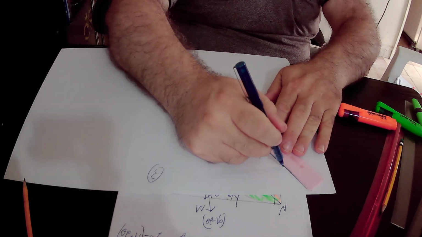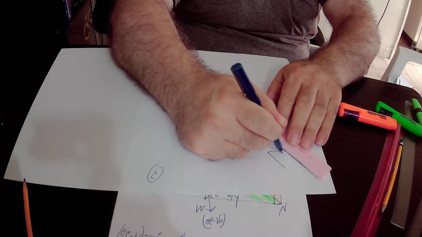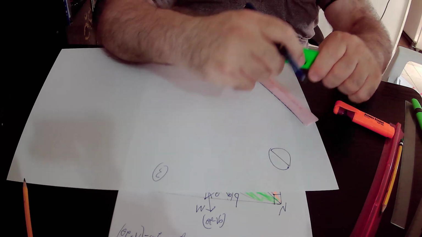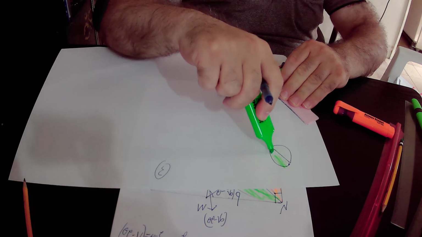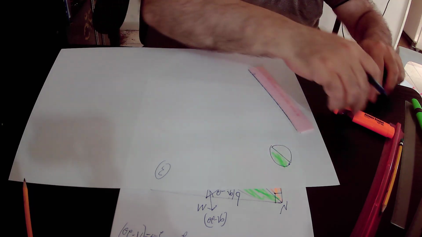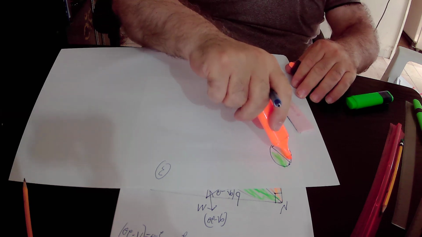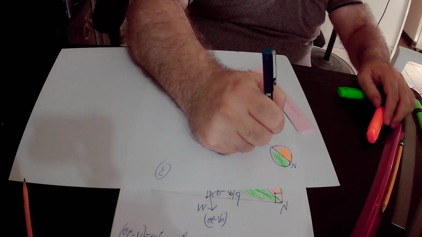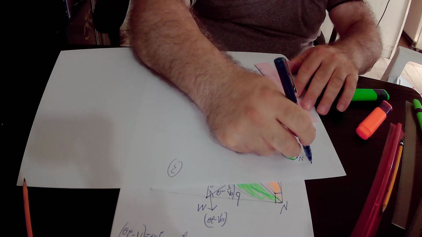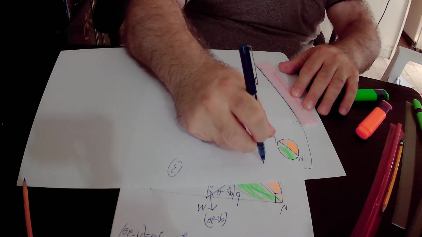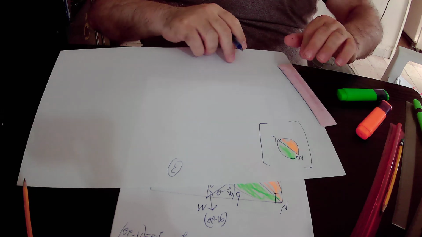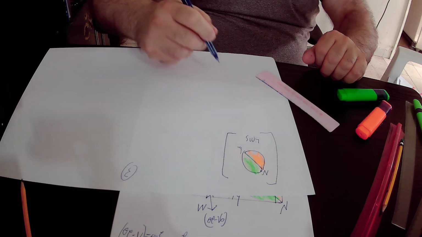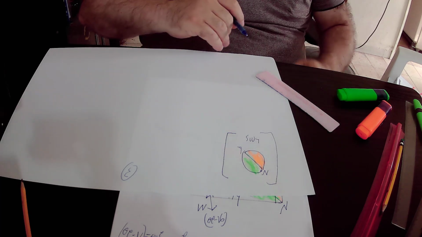So the area of this lens. The bracket here is the sign for the area.